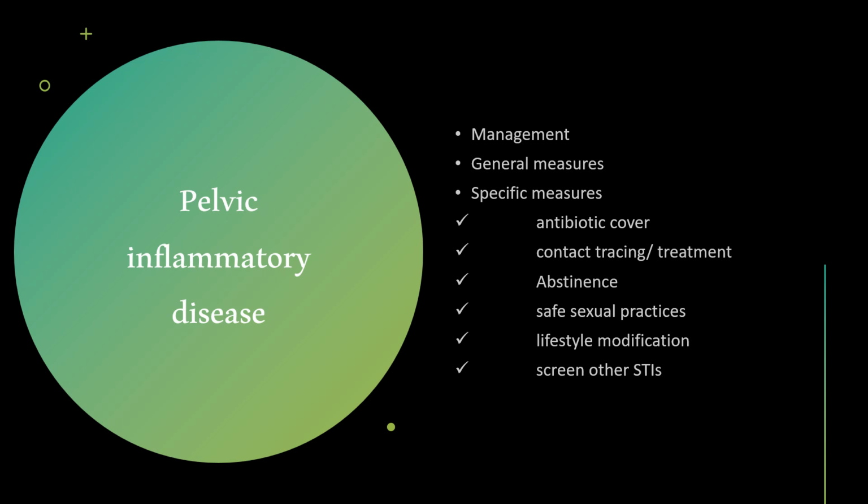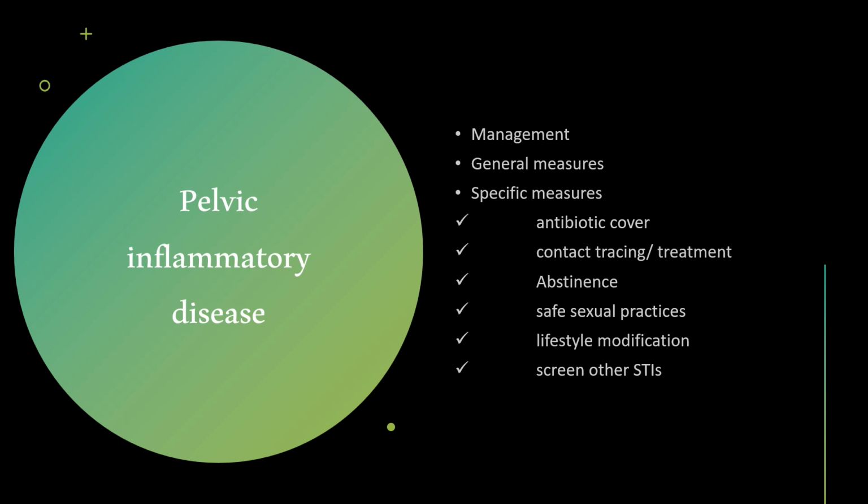Among specific measures, first of all, there is an antibiotic cover. There are certain regimes, which may be outpatient department regimes or inpatient department regimes. We'll discuss later on. The second component in specific measures is contact tracing and treatment.